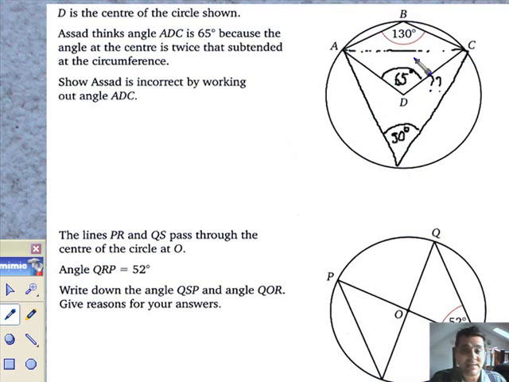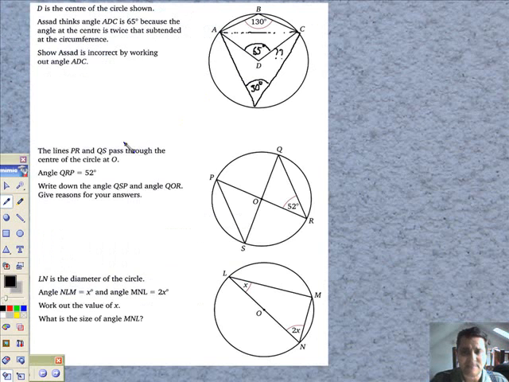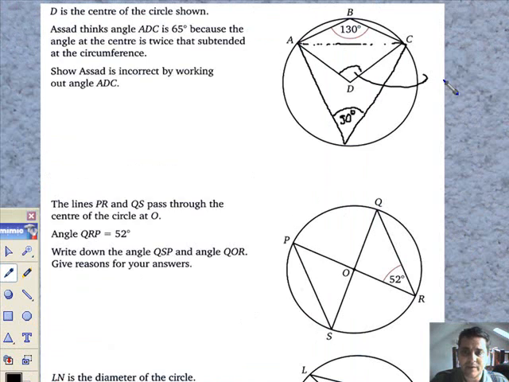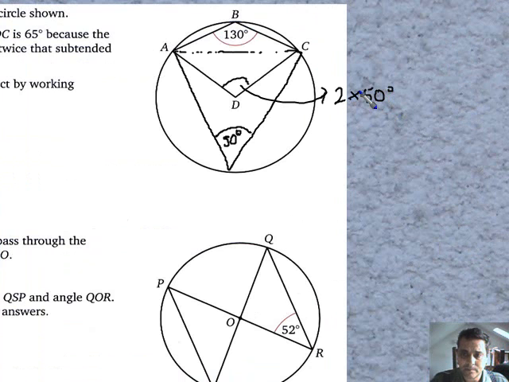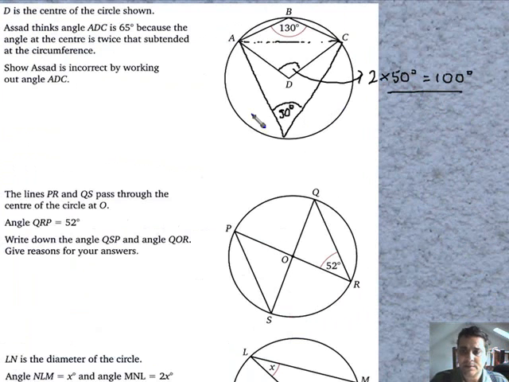And they're in the same segment anyway of the circle. So if that's 50 degrees, then the 65 is in fact wrong. Now I will rub it out and put in the correct answer. That's going to be 2 lots of 50 degrees, and that's therefore going to be 100 degrees. Okay, so I've just proved this Assad chap is wrong.